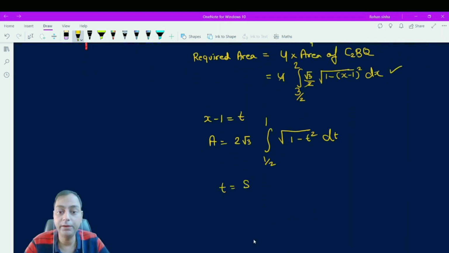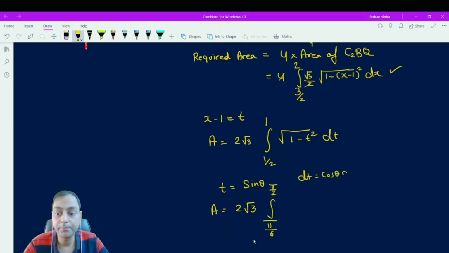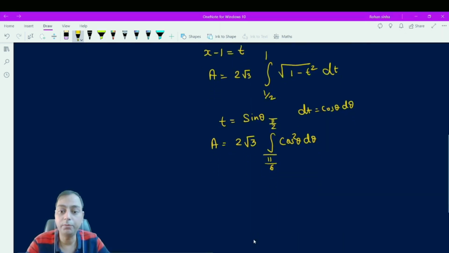If you put t as sine theta, what is the area? 2 root 3. Theta is from pi by 6 to pi by 2. This is cos theta, dt is cos theta d theta. So this is cos square theta d theta, and 2 cos square theta we know is 1 plus cos 2 theta.